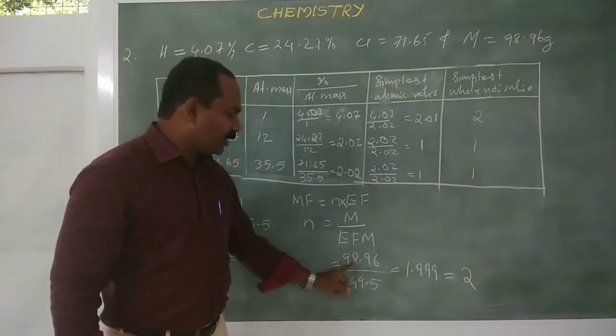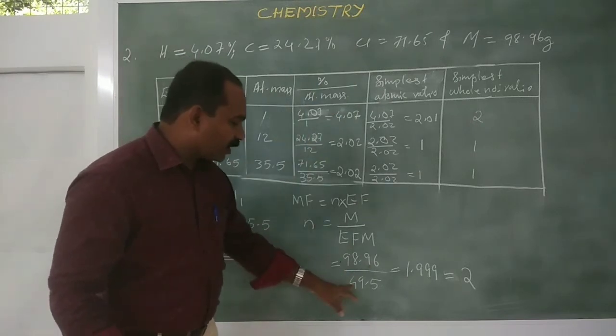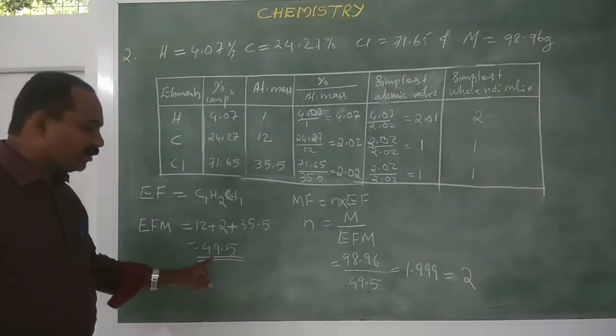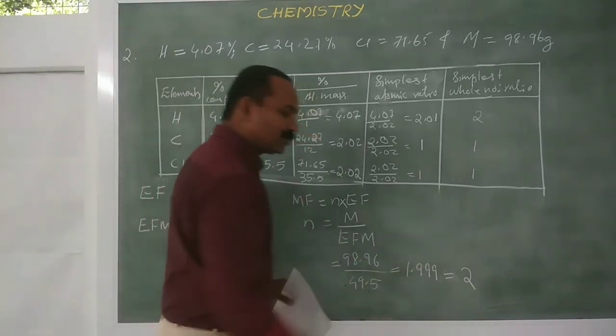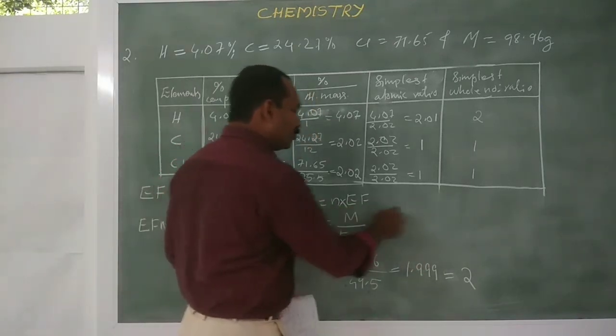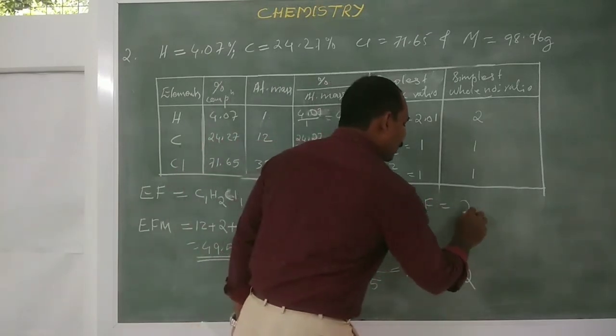98.96 is the molar mass from the question, and 49.5 is the empirical formula mass calculated just now. Then n is equal to 2. Then we come to the molecular formula, n into empirical formula, where n is 2.